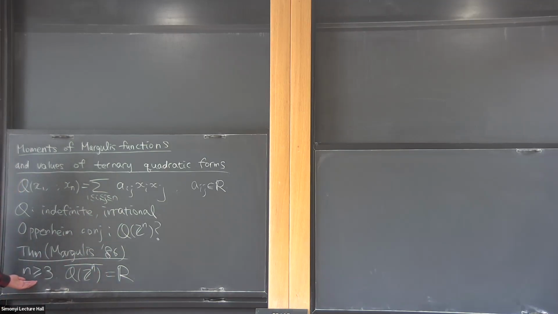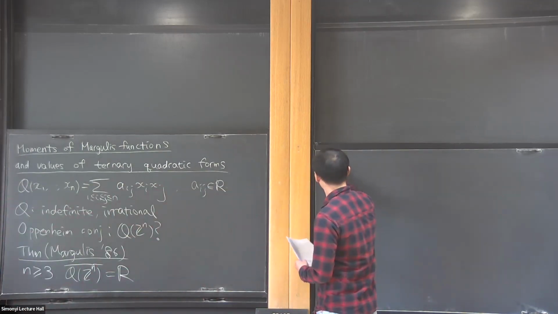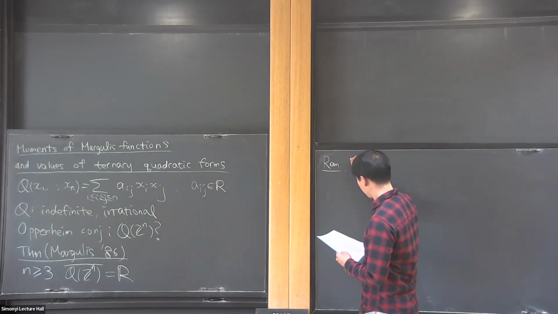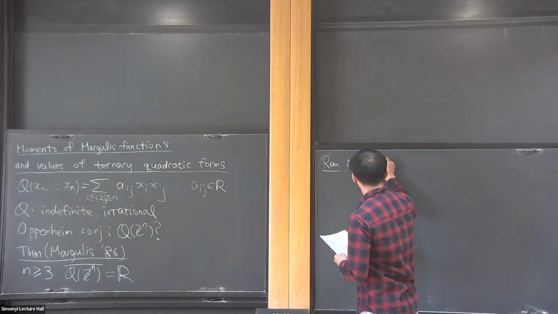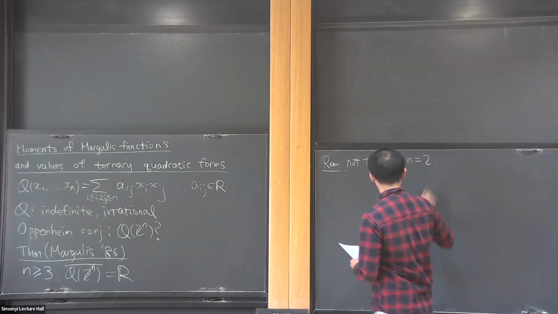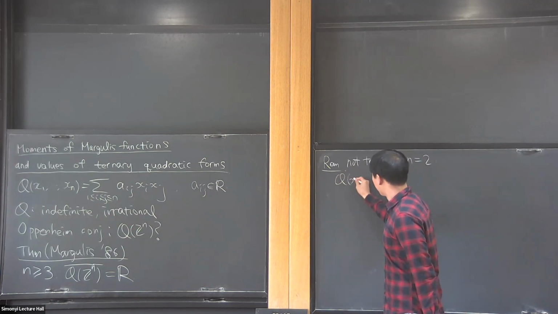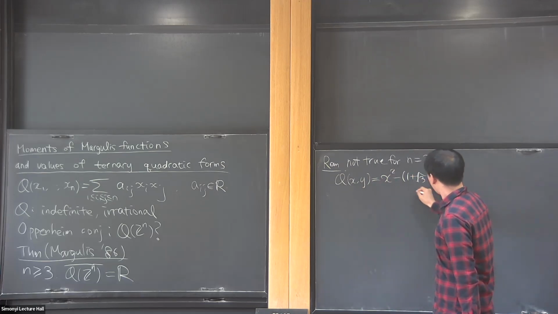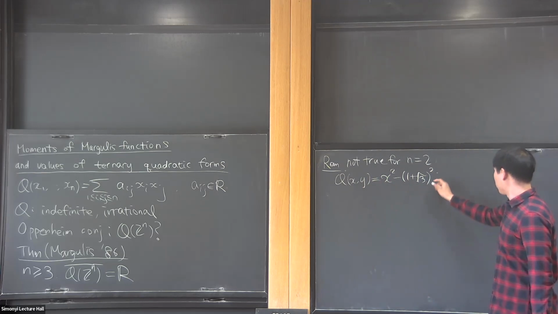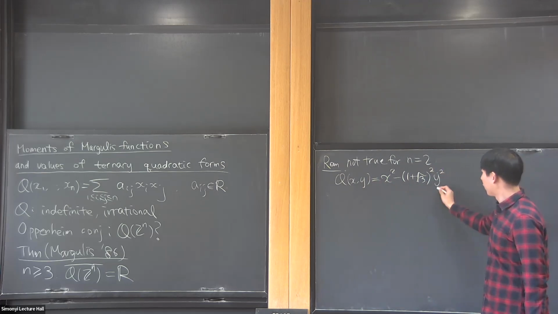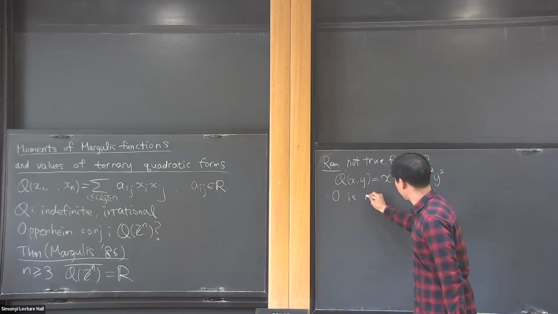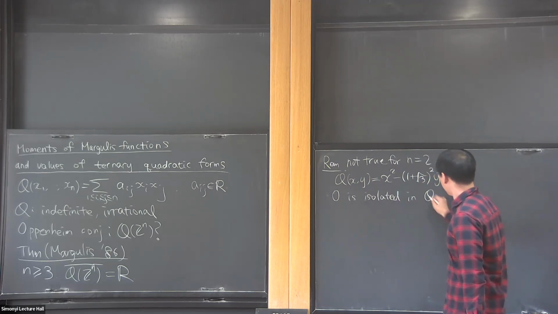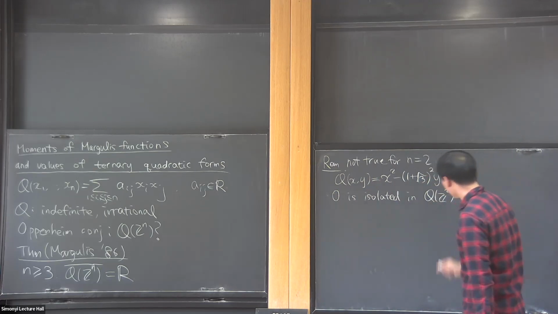And this condition n at least 3 is less obvious, but remark, the statement is not true for n equal 2, because if you take a binary quadratic form like x squared minus (1 plus square root of 3) squared times y squared, then 0 is isolated in the image set.